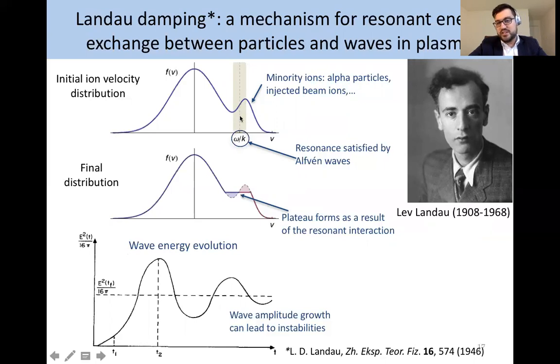What happens essentially is that the waves perturb the distribution of resonant particles in phase space, and it opens up an island, and particles interact with the mode in such island. The final effect of that is a flattening of the distribution function around that resonance.